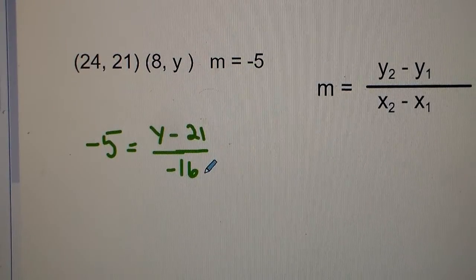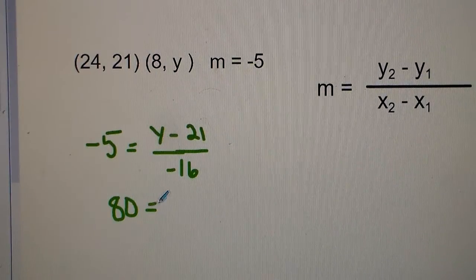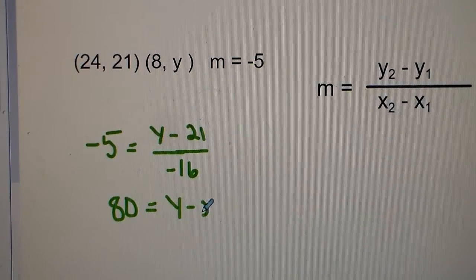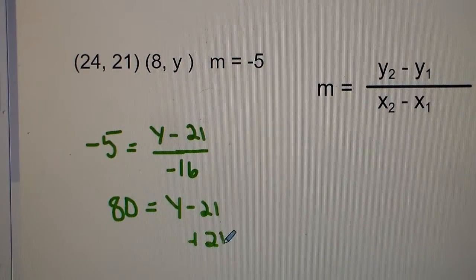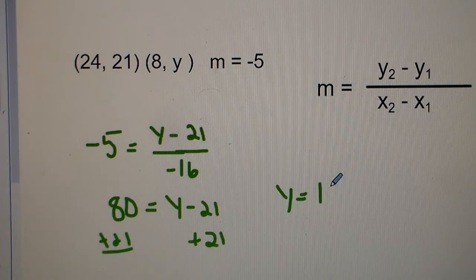The opposite of dividing by -16 is multiplying both sides by -16. So -5 times -16 is going to get us 80. So 80 is equal to y minus 21. We add 21 to both sides. And we're going to get y equals 101.